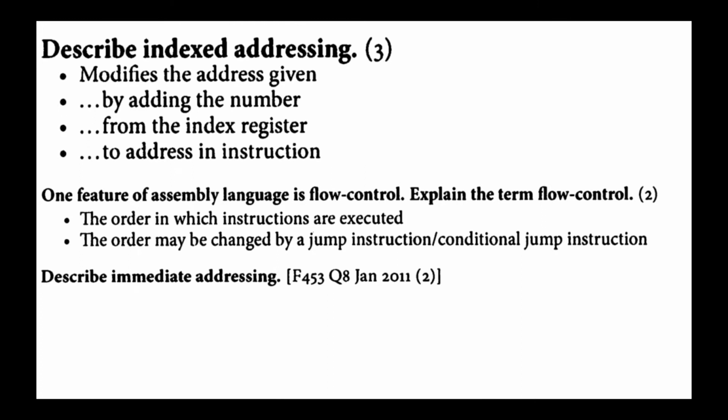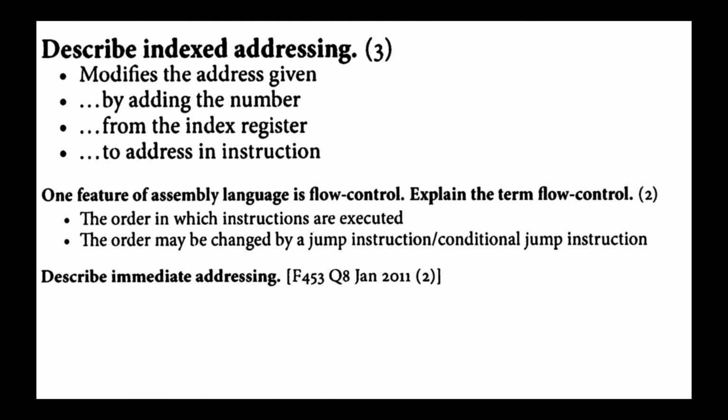The order may be changed by a jump instruction or conditional jump instruction. So say it is the order in which instructions are executed, but the order may be changed by a jump instruction.